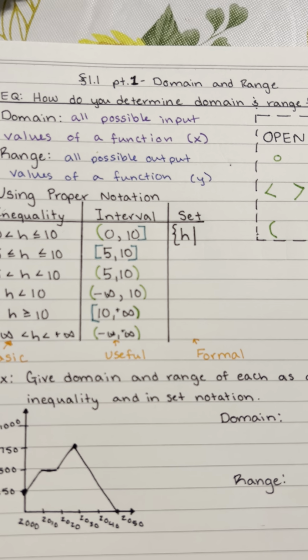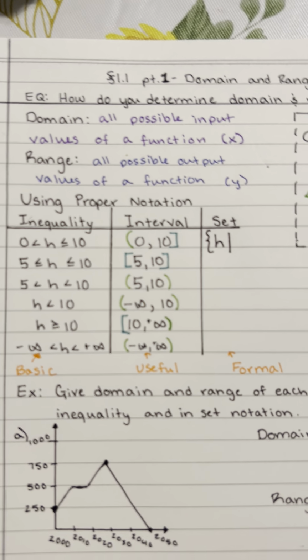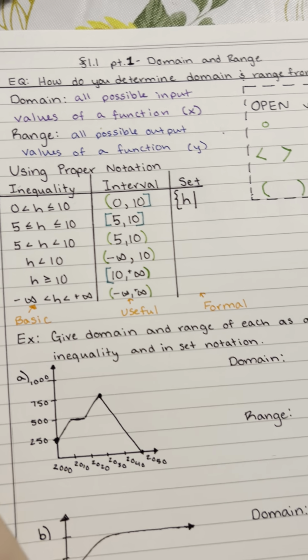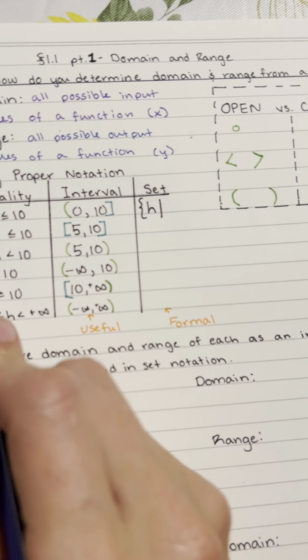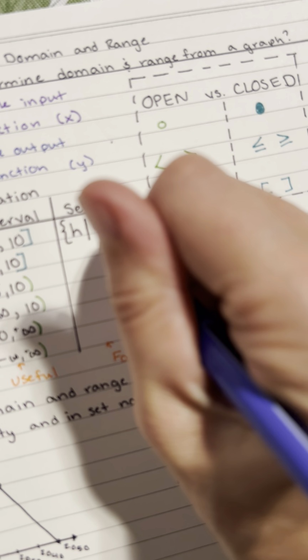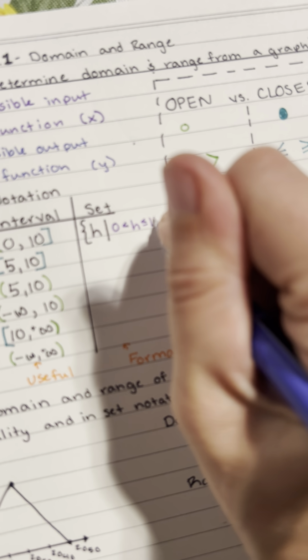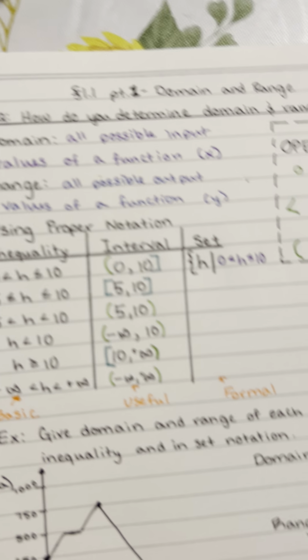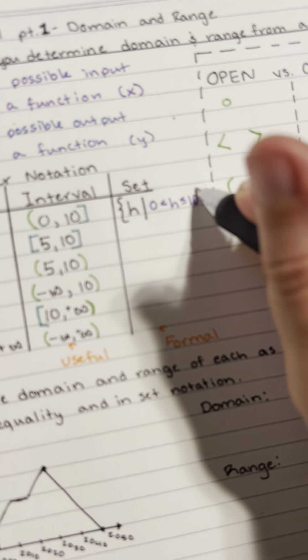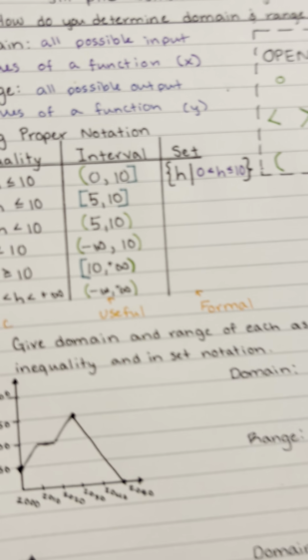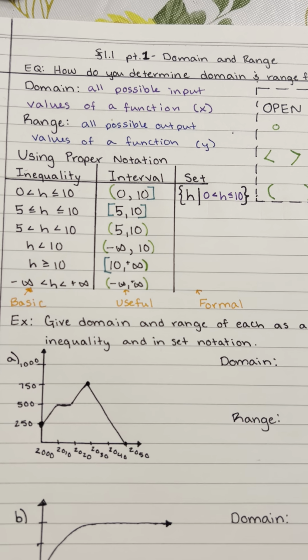So how we write this is h such that, and then to complete the set notation, I am going to copy and paste my inequality. So h such that 0 is less than h is less than or equal to 10. And then I complete it with the fancy bracket. All right, so that is set notation.